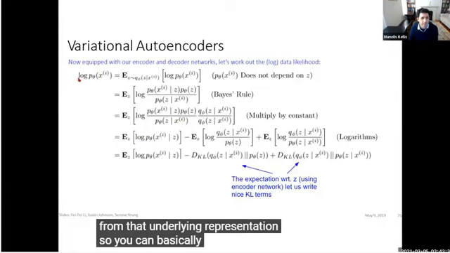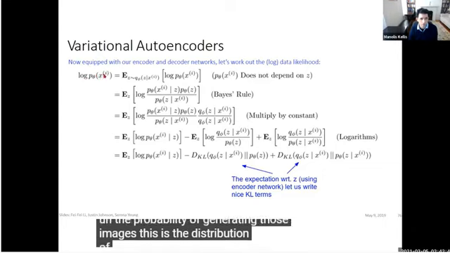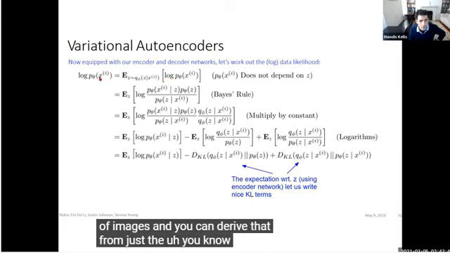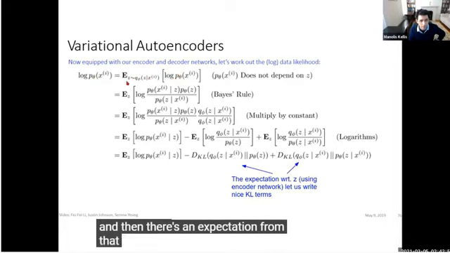So you can derive the probability of generating those images. This is the distribution of images. And you can derive that from just taking the log of this. And then there's an expectation from that, which is coming from that Z distribution.